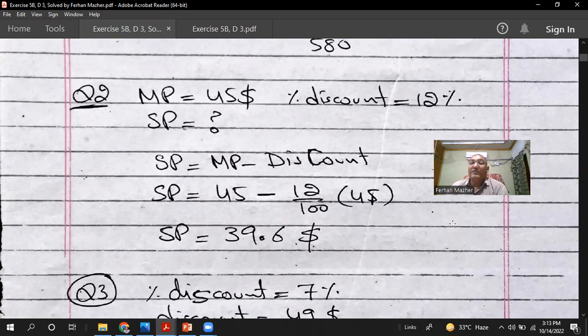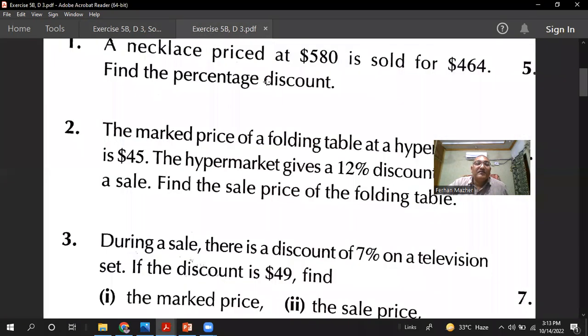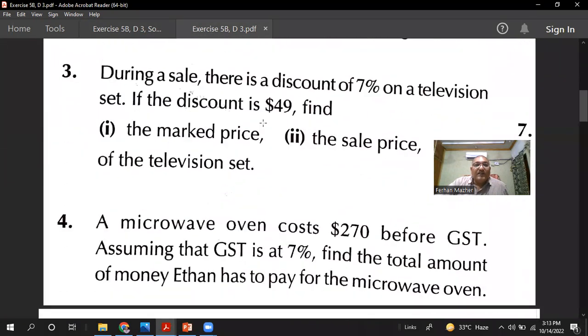So the mark price is $45 minus the discount, which is 12% of 45, so 12 by 100 multiply 45. You just enter these values in your calculator. You will get the answer $39.6. So the sale price will be $39.6. Sale price is mark price minus the discount. Okay, so we are going to the next question.